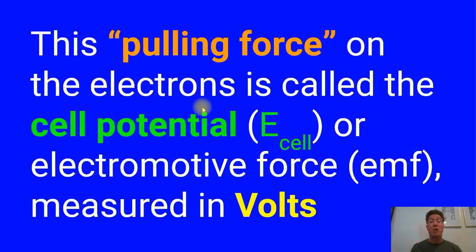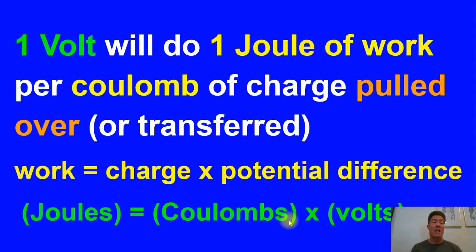So we call that pulling force the cell potential, E cell, or we also call it the electromotive force, or the EMF, and we measure it in volts. A volt will do a joule of work per coulomb.